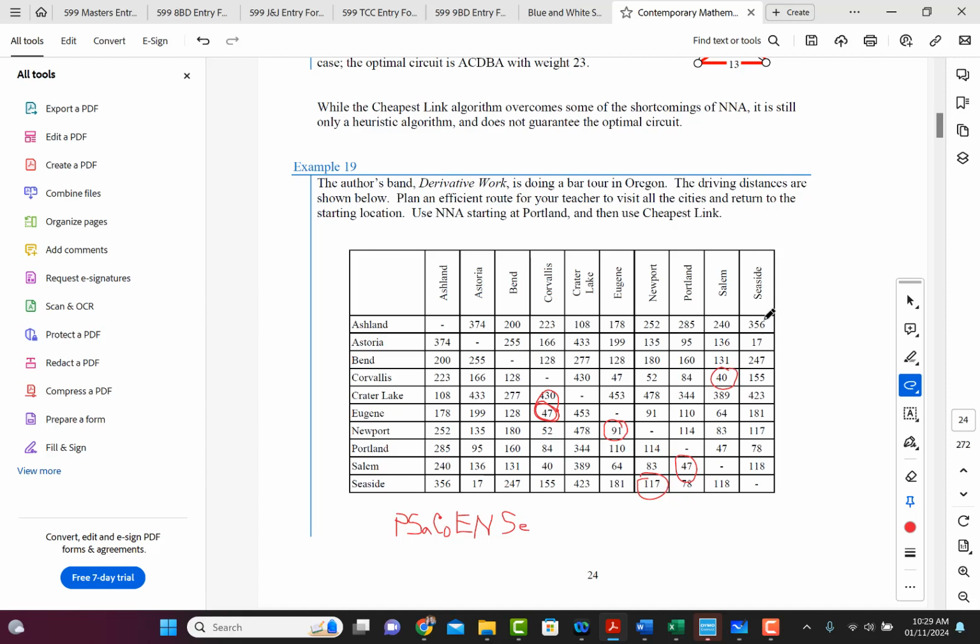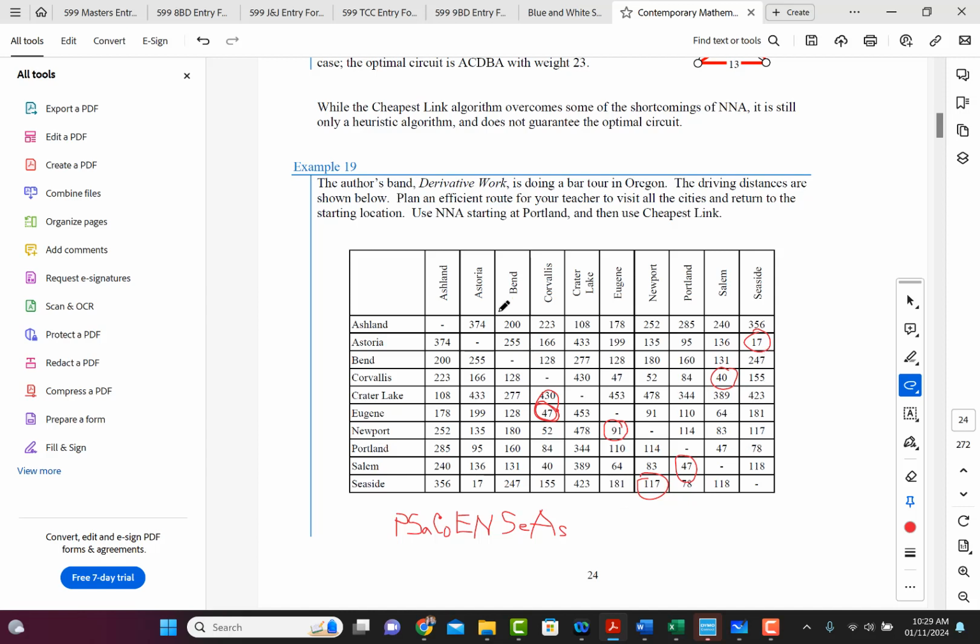And then from Seaside, what's the next? The cheapest one is going to be Astoria. Okay, Astoria.